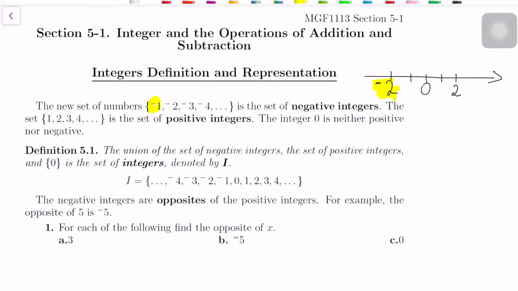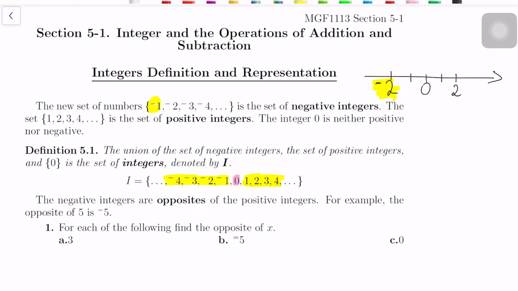Okay, so then the set of integers is going to contain whole numbers. Remember, whole numbers mean 0 and positive integers, 1, 2, 3, 4, 5, and so on. And also their opposites, so -1, -2, -3, -4. This is the set of integers, which consists of positive whole numbers, 1, 2, 3, 4, and so on, 0, and the opposites to the positive whole numbers.